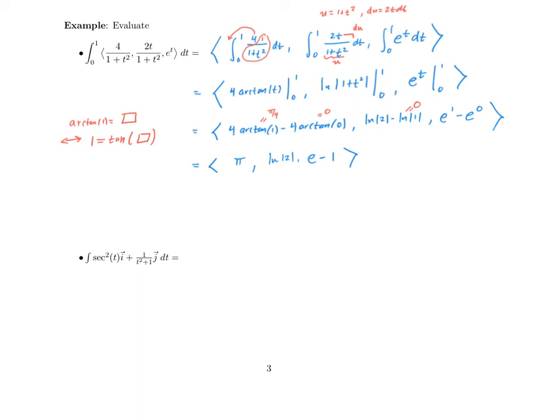Finally, here we have one example remaining. This is an indefinite integral of a vector valued function with just two components, an i component and a j component. And we could just as easily write this as the integral of secant squared t dt i plus the integral of 1 over 1 plus t squared j.